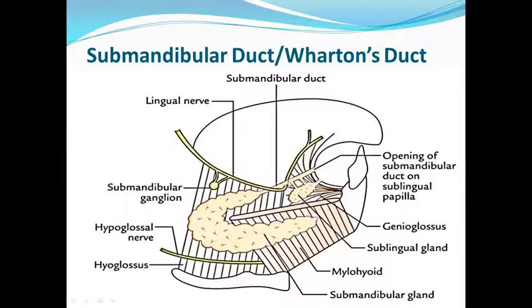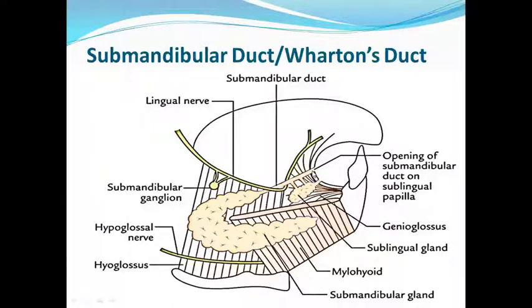It will run forward on the hypoglossus muscle. This is the hypoglossus muscle, and look here, it is running forwards on the hypoglossus muscle in between the lingual nerve and the hypoglossal nerve.